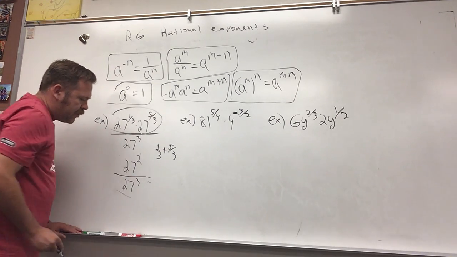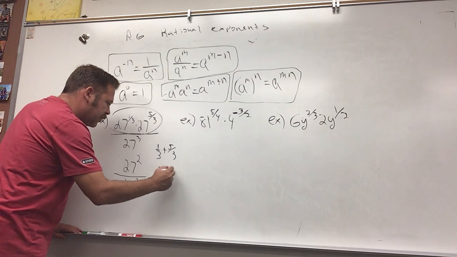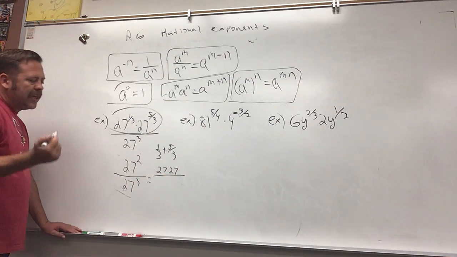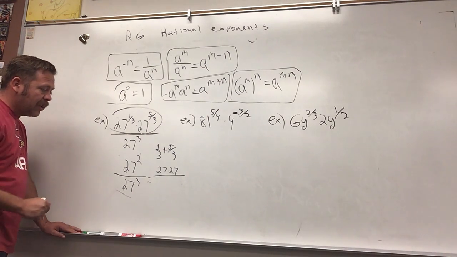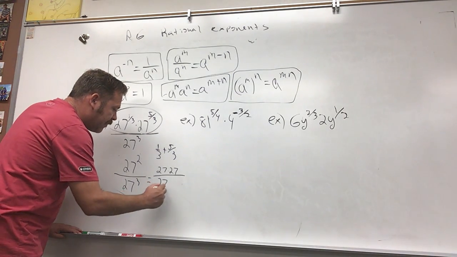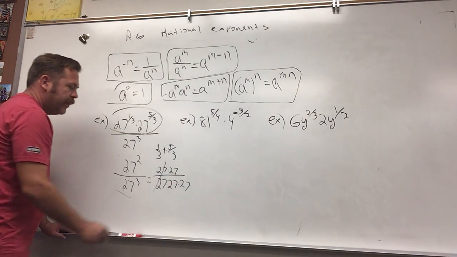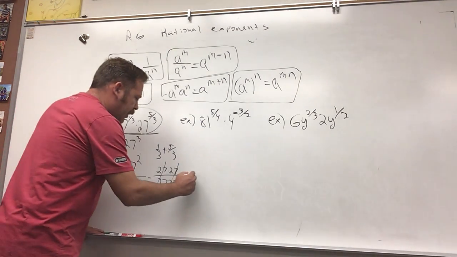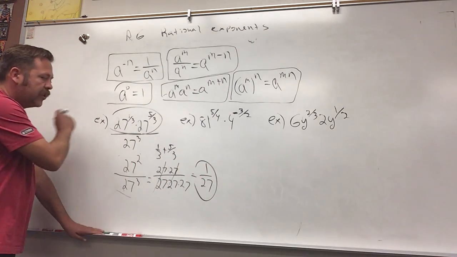Well, let's write it out just to give you an idea. On the top, I would have 27 times 27. I want to be able to do this mentally. I feel like if it was variables, we would be able to, but I want you to see with the numbers. On the bottom, we have 27 times 27 times 27. So I can cancel and cancel, and then I have 1 over 27 is my answer for this first one.